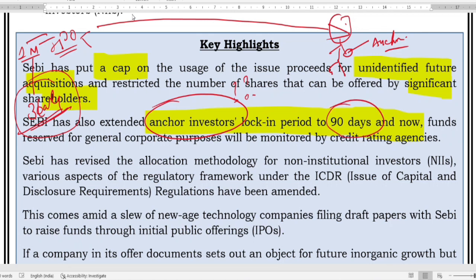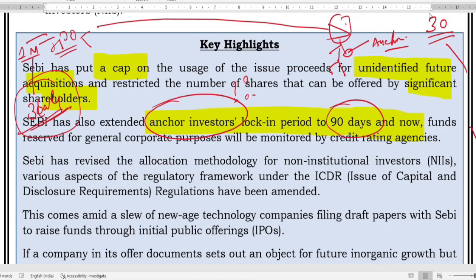See, if anchor investors go away after 30 days, what will happen, as in the case of Paytm? Most of what SEBI is doing right now is after the Paytm debacle. Paytm issued one of India's biggest IPOs, and you have seen how it has eroded the wealth of all the investors. What happens after 30 days is that these investors sell their shares and square off their positions.